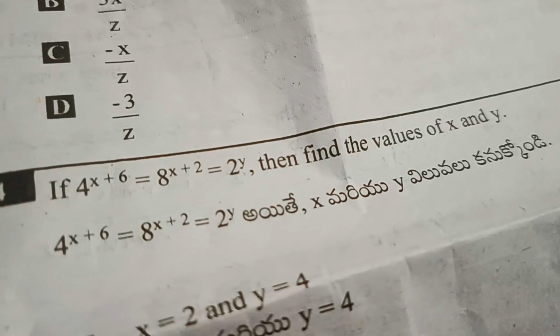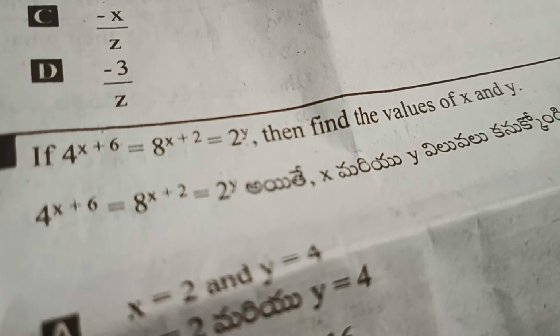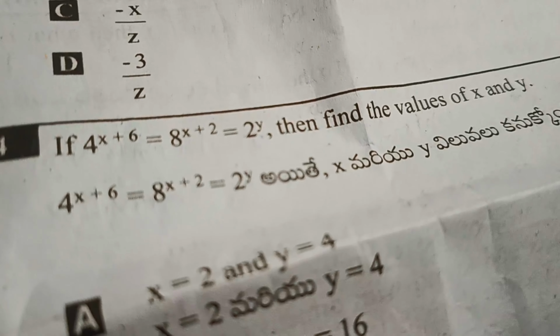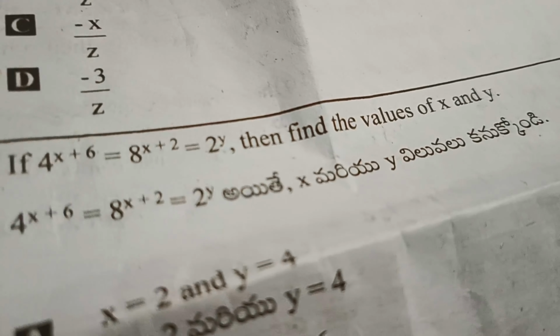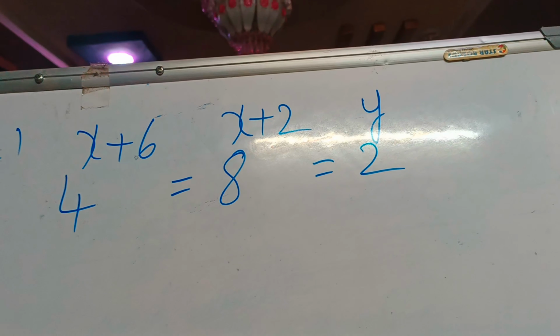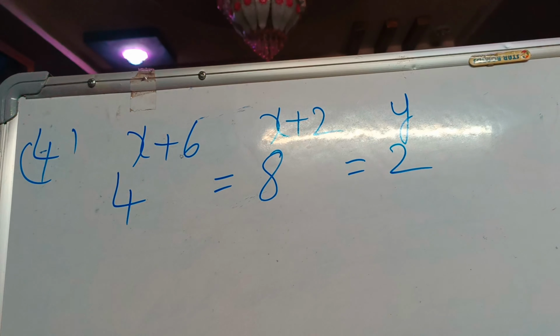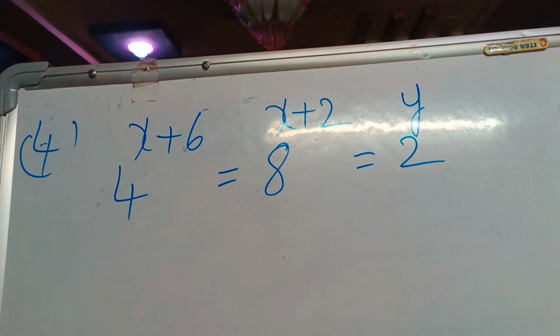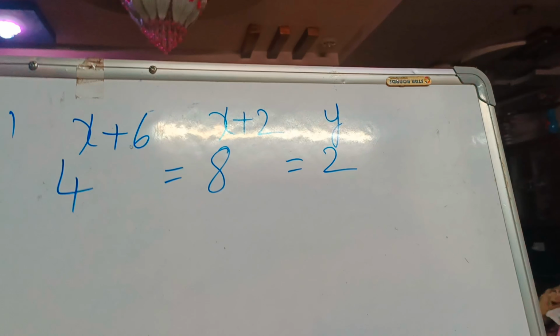I read the fourth sum. 4 to the power of x plus 6 is equal to 8 power x plus 2 is equal to 2 to the power y. Then find the value of x and y. Write the sum: 4 to the power of x plus 6 is equal to 8 to the power of x plus 2, that is equal to 2 to the power y. In this sum we find the values of x and y.